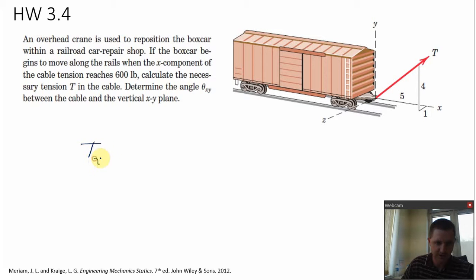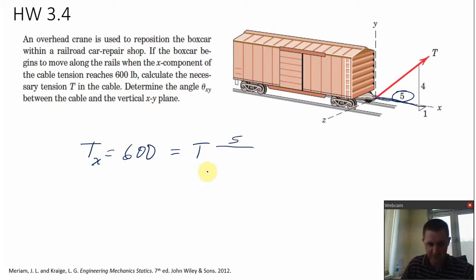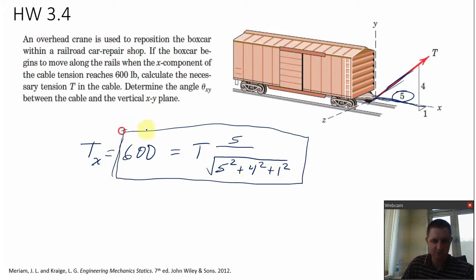We know the x component of the tension vector is 600 pounds, and I can find it by taking T times the length parallel to the x-axis, which is 5, divided by the hypotenuse. It's a 3D hypotenuse, that's alright: 5 squared plus 4 squared plus 1 squared. Now here's one equation with one unknown, T. I can solve that equation for T.